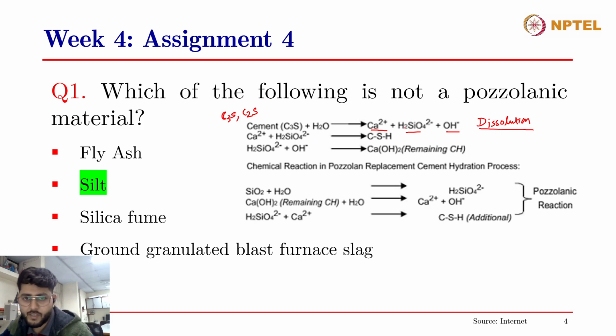Now, the calcium and the silica react together along with water to form the CSH, which is called the calcium silicate hydrate. You've also seen this in the lectures, right?